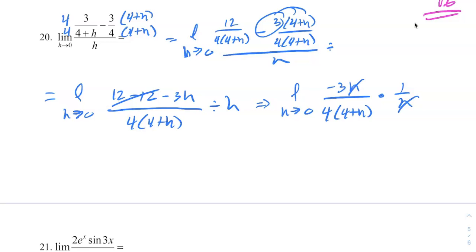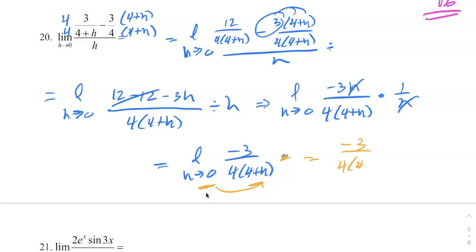These cancel out, and you're left with, almost there, almost on this one, negative 3 over 4 times 4 plus h times 1 over, that's gone to 1. So you get this. Remember the whole point? Plug in your limit. That's all we want to do. So we get negative 3 over 4 times 4, which is negative 3 over 16. So there we go.